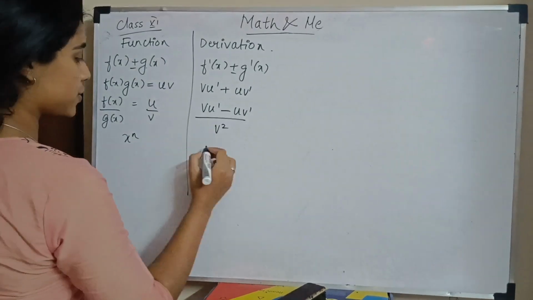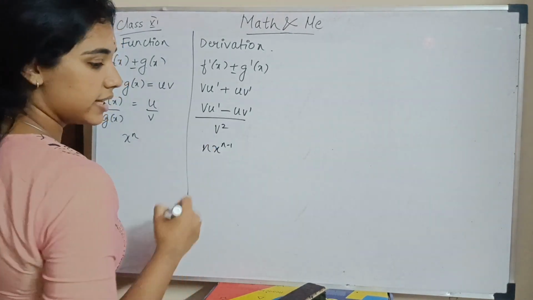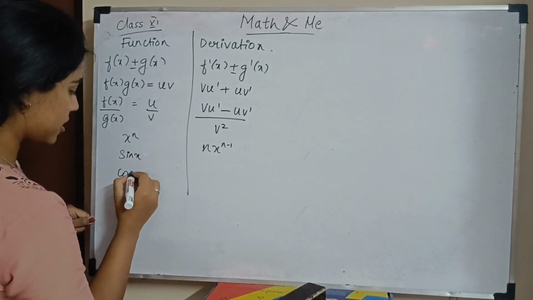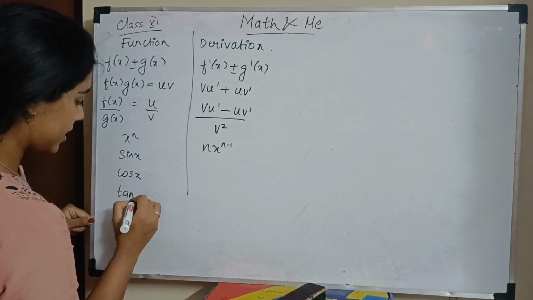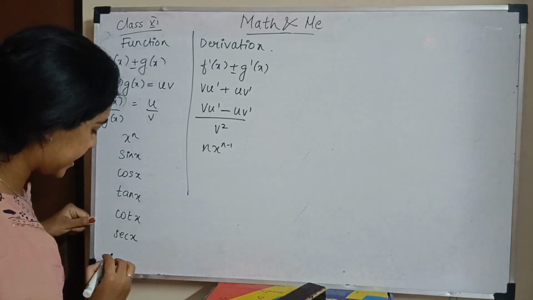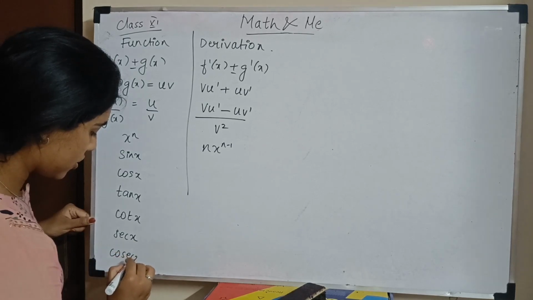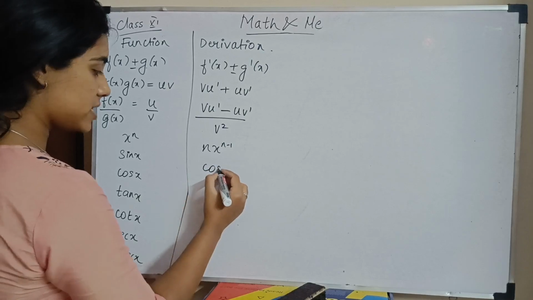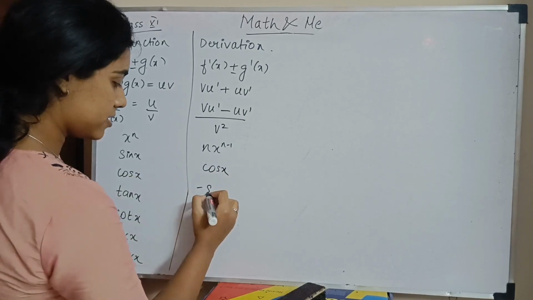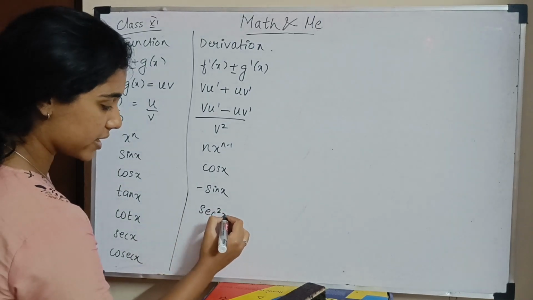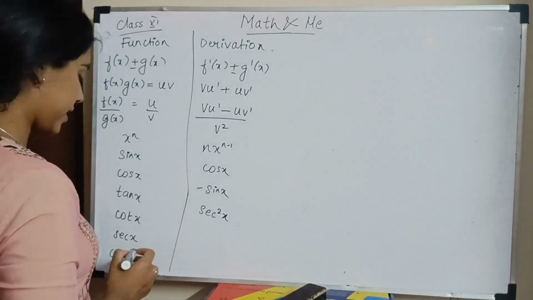What do you have? x to the n, n x to the n minus 1. Next, what all do you have? sin x, cos x, tan x, cot x, secant x, cosecant x. These are the trigonometric functions. So the derivative of sin x is cos x. For cos x, minus sin x. For tan x, secant square x. We just saw earlier that it is secant square x.